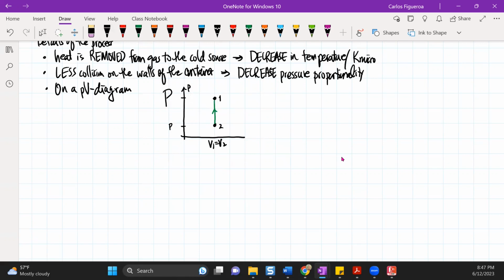So this is 1. So if I come over here, I start off with state 1 and then I go to state 2. The arrow goes in the opposite direction. And what you're seeing here is that we have removed heat.